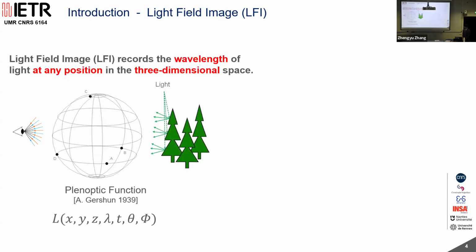And typically, a light field image achieves immersive experience by recording the light of any wavelength at any position in the 3D space, and it is described by several parameter functions, in which x, y, z denote the location in this 3D space, lambda denotes the wavelength, t denotes the time, and the final two parameters denote the horizontal and vertical angle of the input light.